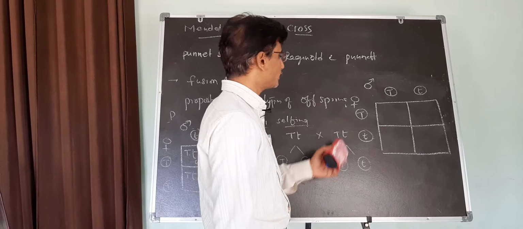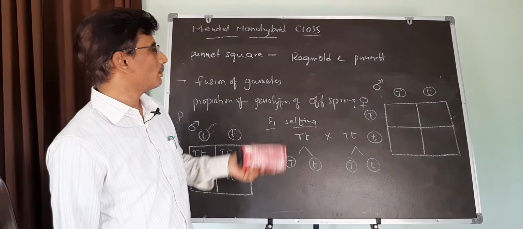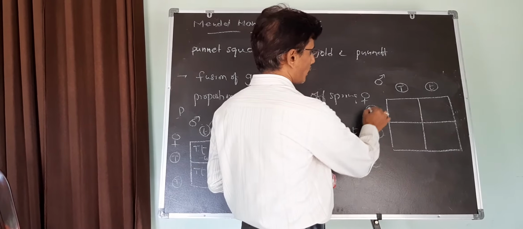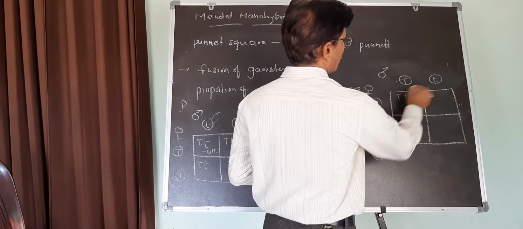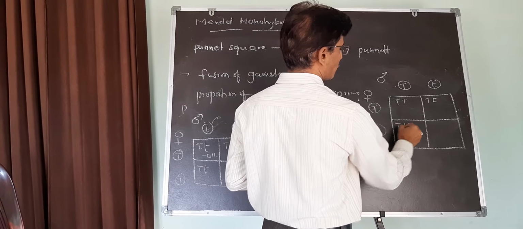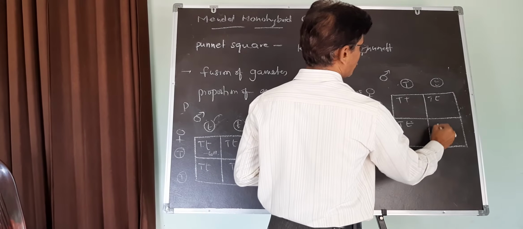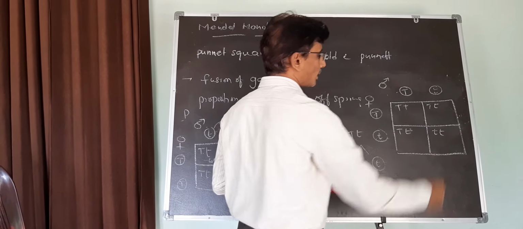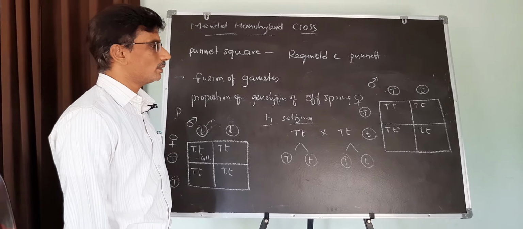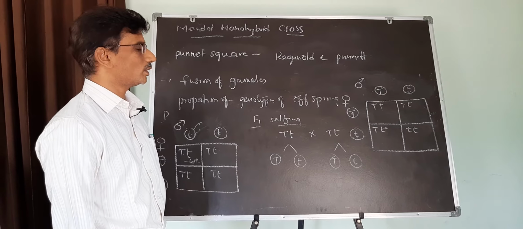Then let's understand the fusion of the gametes. How many combinations? Here also we are getting 4 combinations: capital T, capital T; capital T, small t; capital T, small t; and small t, small t. So there are 4 different types of combinations of gamete fusion.